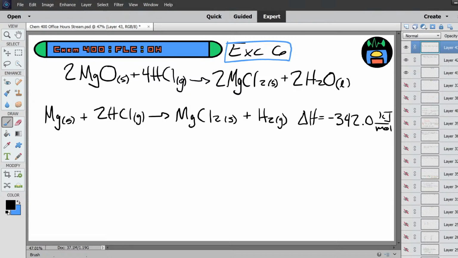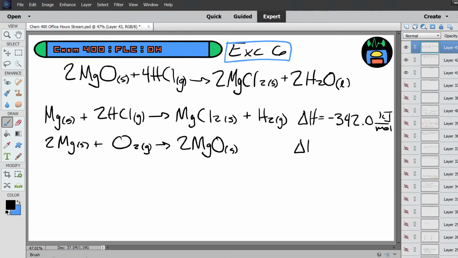Next, we have 2 moles of solid magnesium reacting with O2 gas to produce 2 moles of magnesium oxide, which is a solid, and this has a delta H of negative 985.2 kilojoules per mole.